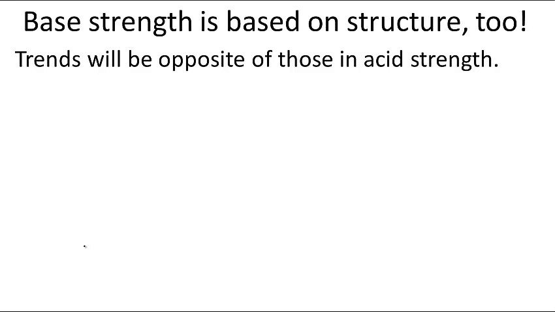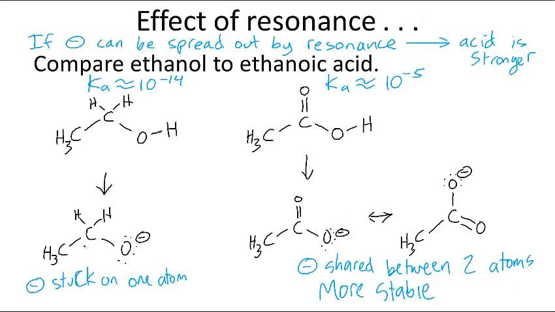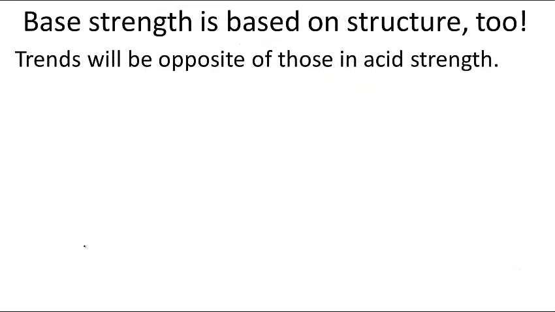One thing I would, before I say that, an acid has to have H, right? And what gets left behind when you pull that H away? Electrons, a lone pair. So a base has to have a lone pair. So really, we'll look at the atom with the lone pair.